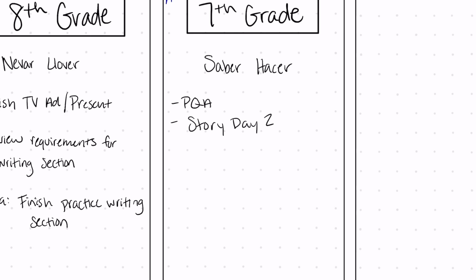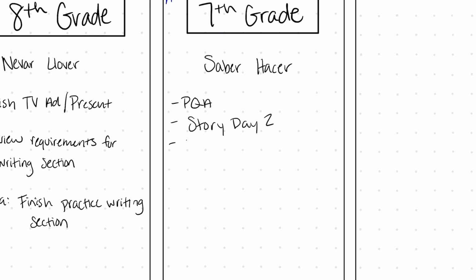And that way I'm able to split it up between 2 days. I'm able to have that PQA in there all the time. And I'm just able to balance it better with that and keep their attention because Lord knows we need to keep 7th graders' attention so their minds don't wander.